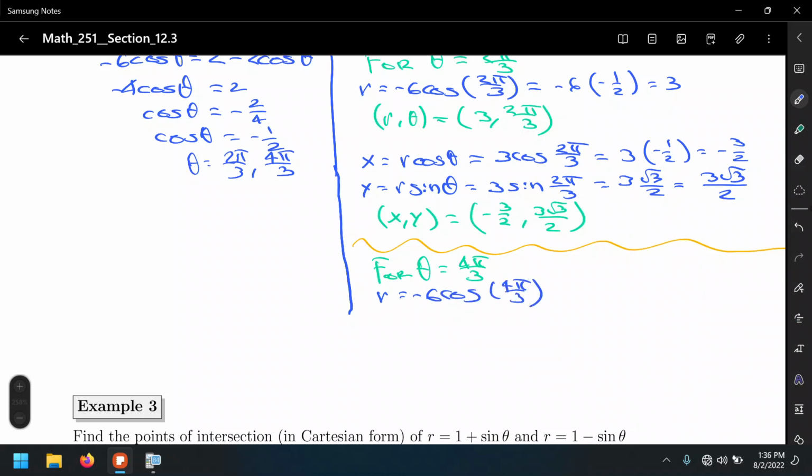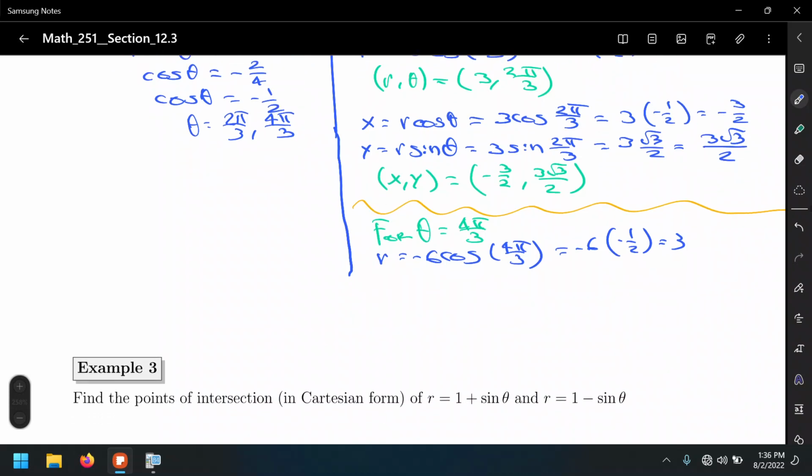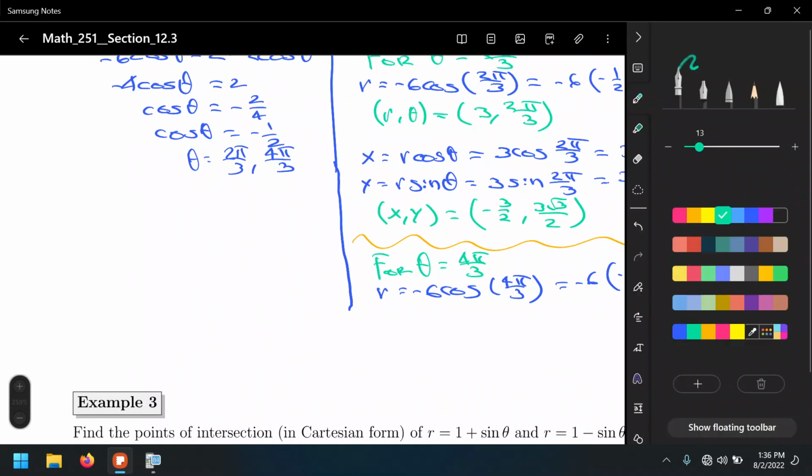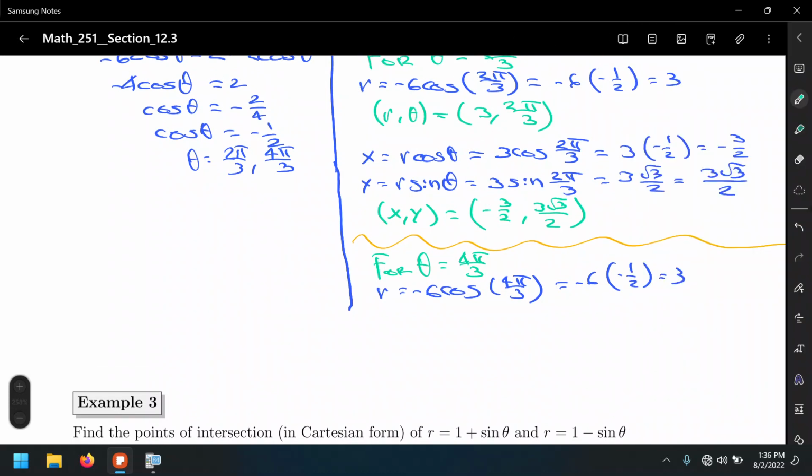And cosine of 4 pi over 3 again is -1/2, so that's -6 times -1/2, which is 3 again. Now that means that we have a point of the form (r, theta) of (3, 4 pi over 3).